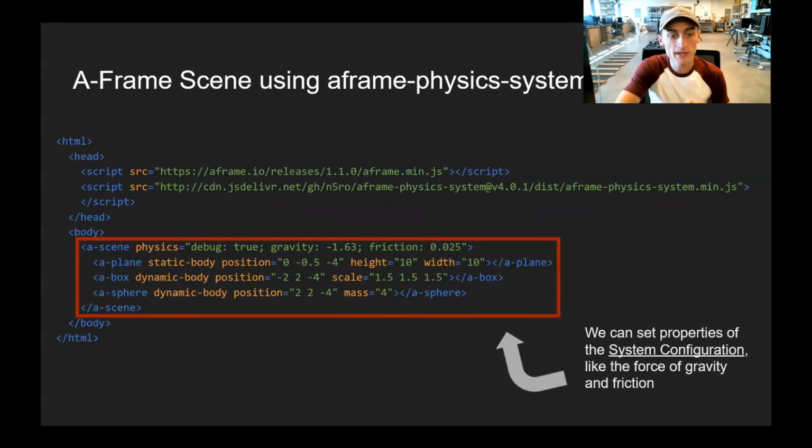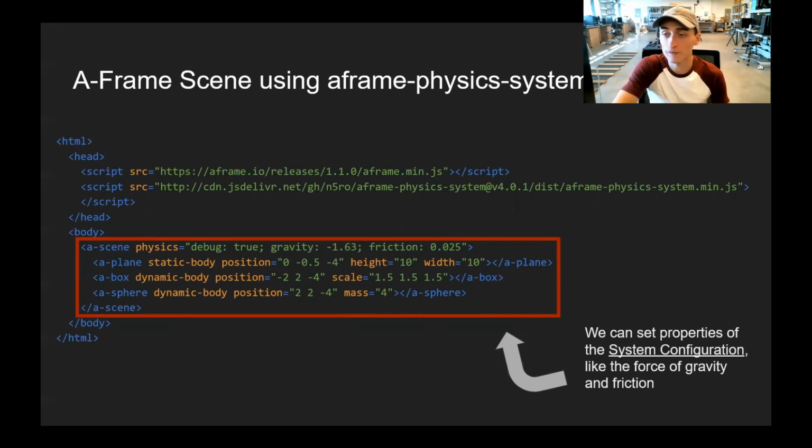What you'll notice is I put a few more properties in the physics attribute in a-scene. I still left debug set to true, but I set the gravity to 1/6 of Earth's gravity, the gravity of the moon, which is negative 1.63. Gravity by default is negative 9.8, or basically Earth's gravity.